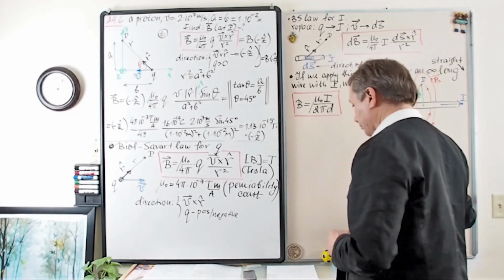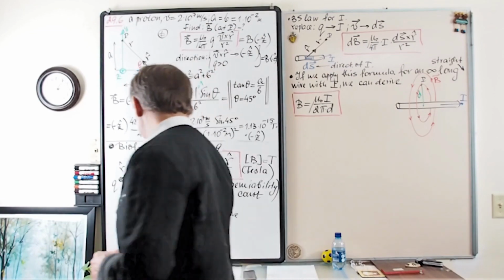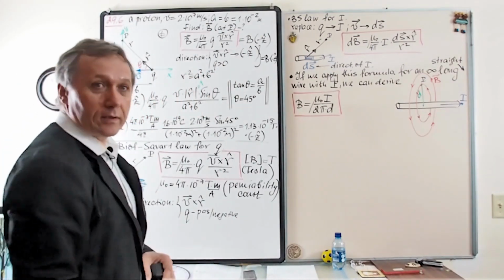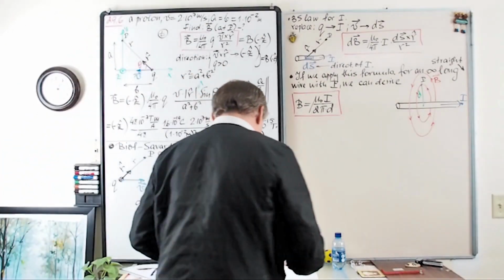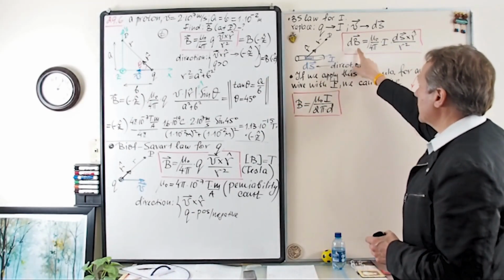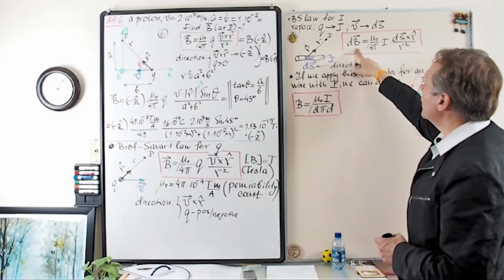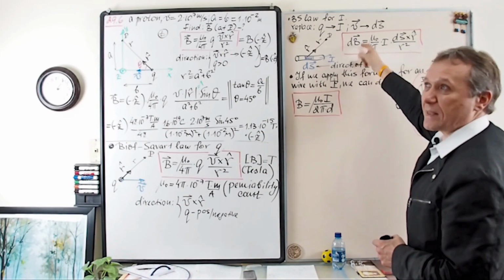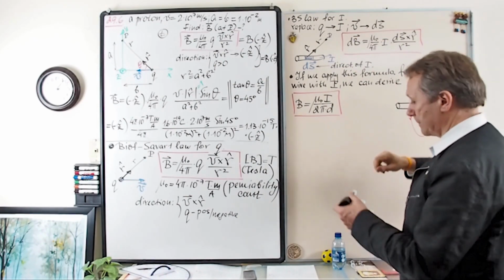And now, let me move this over here. Let's look at the second example. Now we're going to play with this formula. We're going to use this formula next recitation class, right?